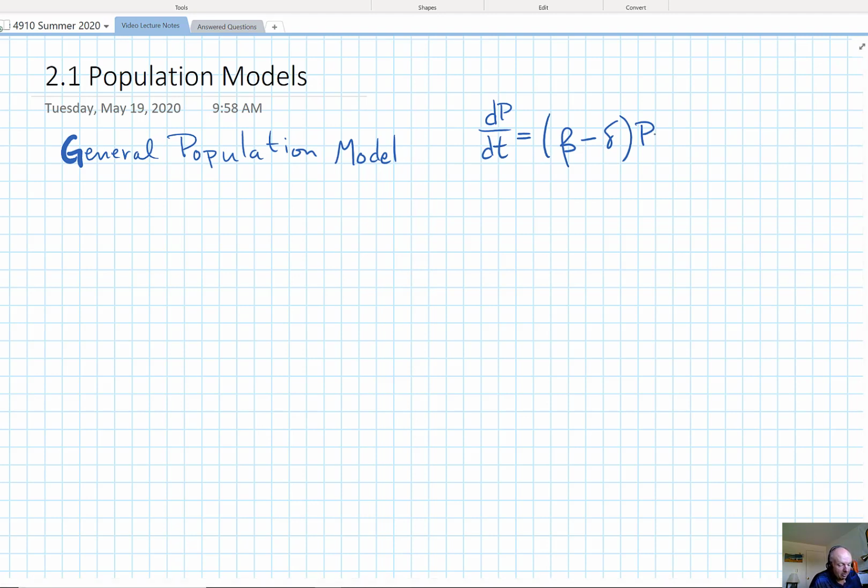We're assuming unlimited resources and space, but that's our differential equation.